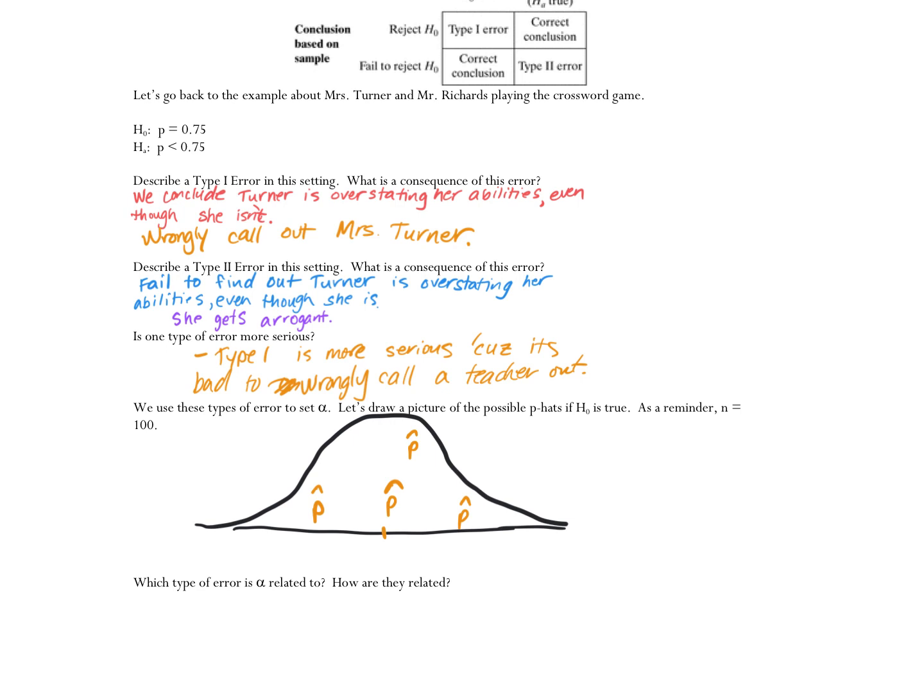That would be of the z-scores, but of the p-hats themselves, it would be 0.75. If the null hypothesis is true, then the true proportion is 75%. That's what we would expect in the middle.